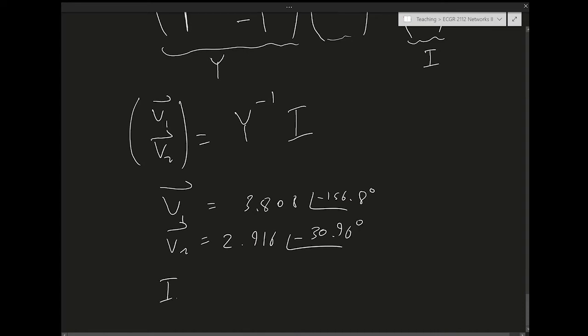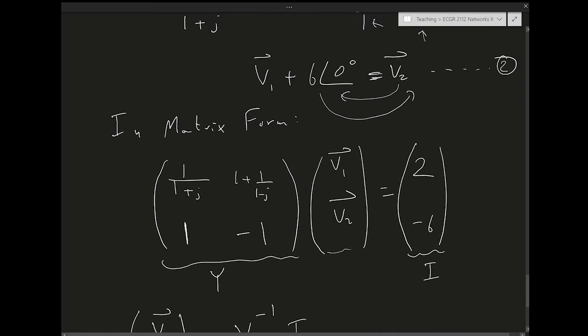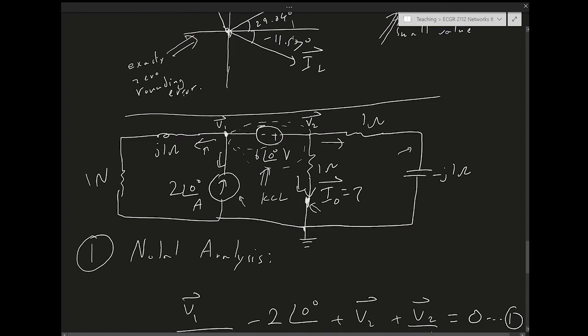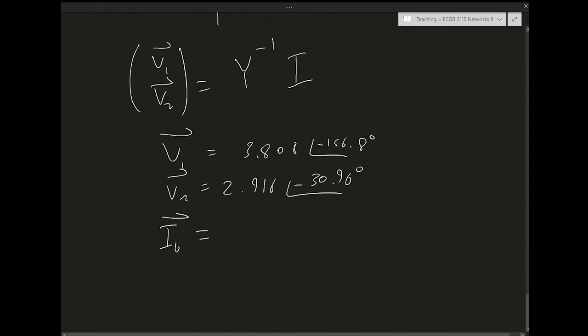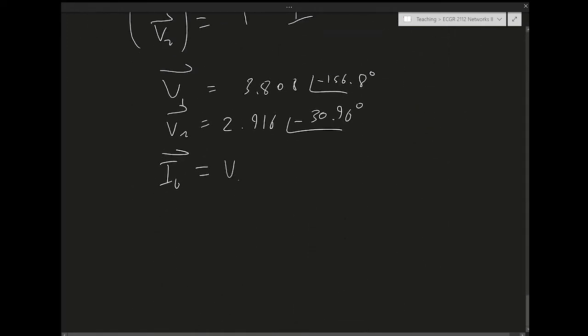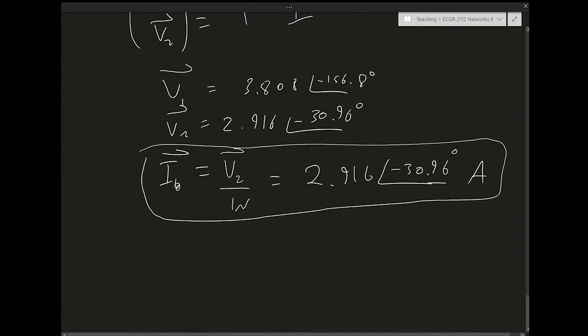So we said I0 from the circuit is just going to be V2 divided by the impedance, which is 1 ohm. So clearly I0 is just V2 divided by 1 ohm. So I0 is going to be 2.916 with an angle of minus 30.96 degrees amps. And we solved this problem using nodal analysis.